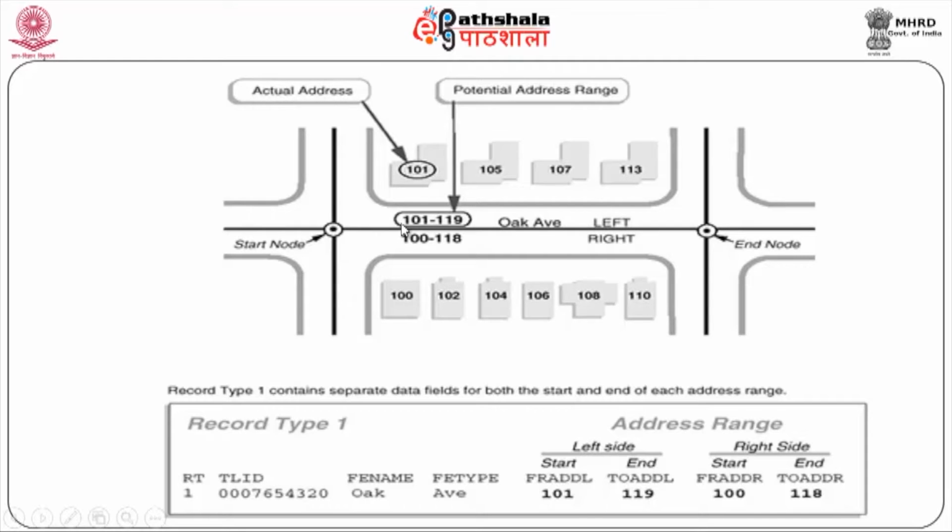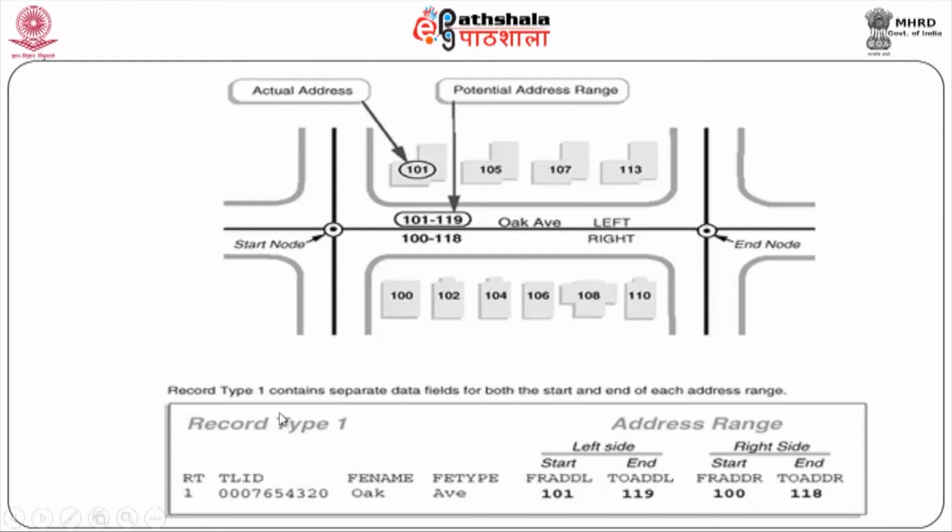In the case of the numbering I was telling you, 100 to 119 or 20, it could be more also. 101 to 119 is stored on this side, and 100 to 118 on the other, that is, odd numbers and even numbers. Don't worry about the missing numbers, they are just for representation's sake. 101, 5, 7, 13. 100, 2, 4, 6, 8, 10. It could be continuous or there could be breaks.